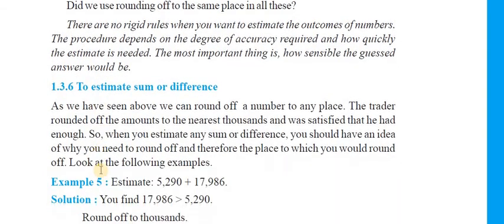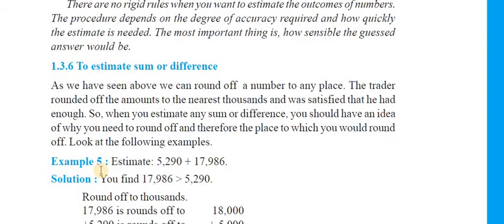Okay, now to estimate a sum or difference, what do you need? As we have seen above, we can round off a number to any place. The trader rounded off the amounts to the nearest 1000 and he was satisfied that he had enough. So when you estimate any sum or difference, you should have an idea of why you need to round off, and therefore the place to which you would round off.